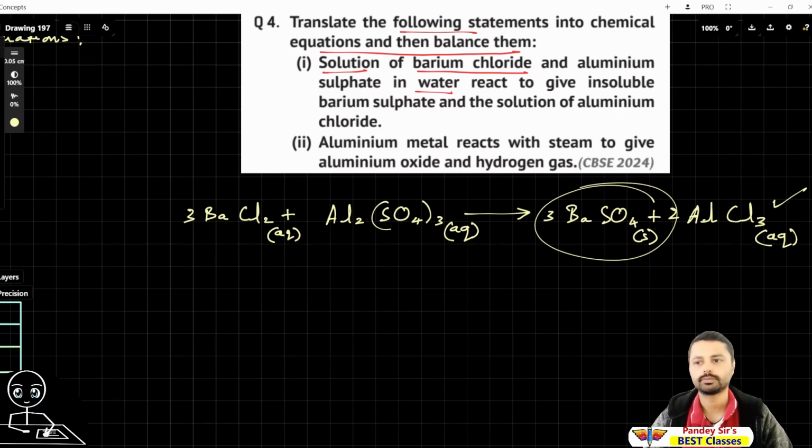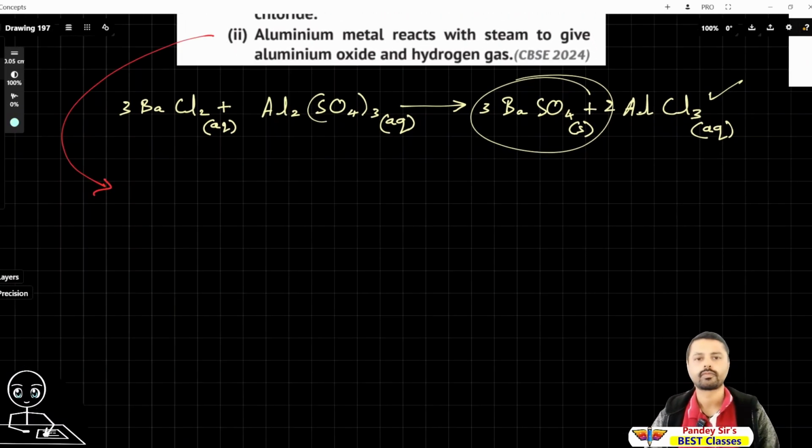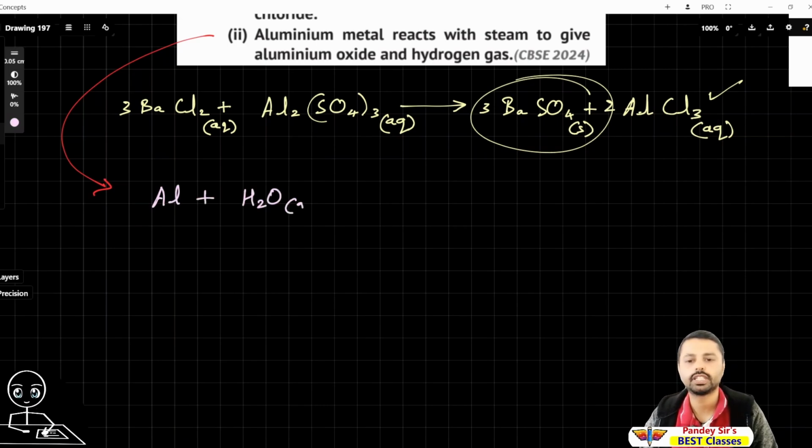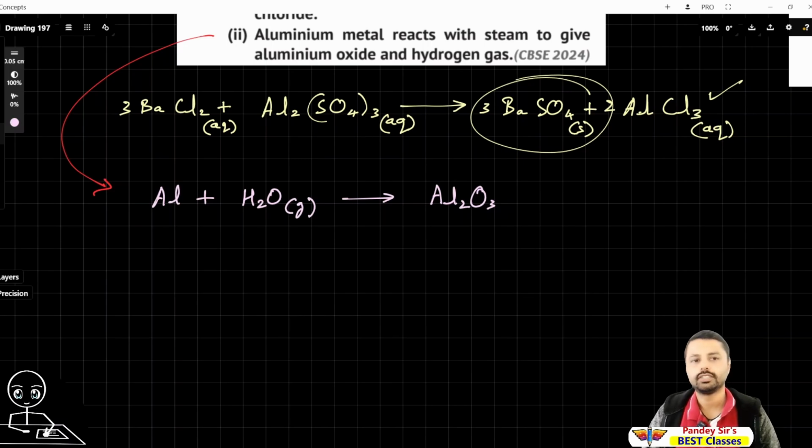Now the next one. Aluminium metal reacts with steam. So Al plus steam, H₂O, which will be in the gaseous form, to give aluminium oxide, Al₂O₃, plus hydrogen gas, H₂.